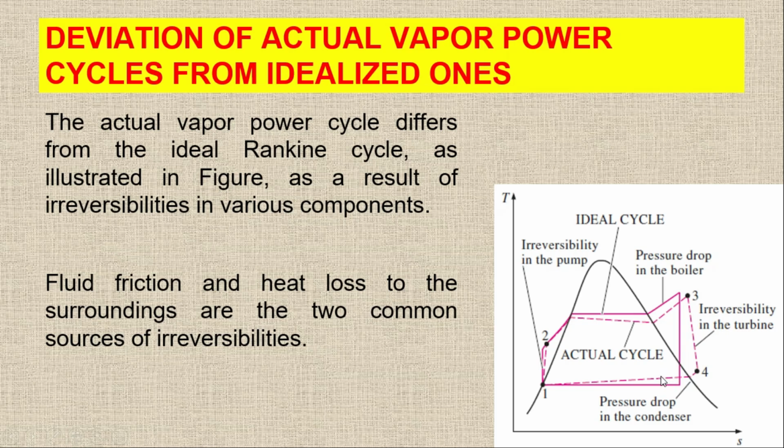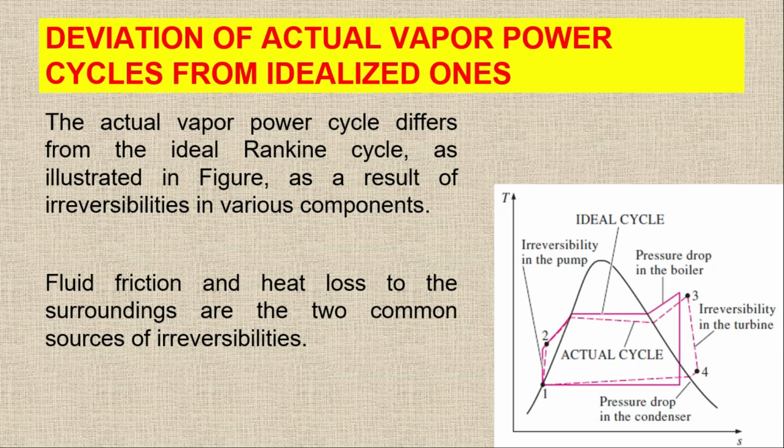To compensate for these pressure drops, even in the piping system, the water must be pumped to a sufficiently higher pressure than the ideal cycle calls for. So instead of stopping somewhere here, we have to pump up to somewhere here to compensate for this pressure drop, so that after the pressure drop, this line will be somewhere here, and then you get close to this pressure line, which is the ideal line.